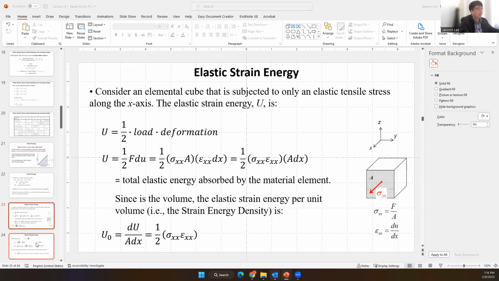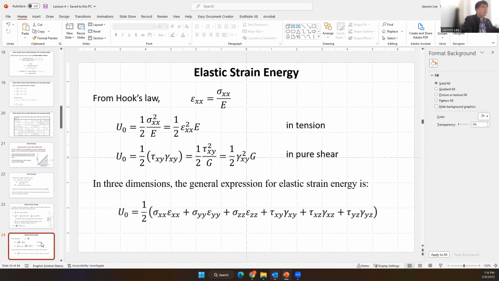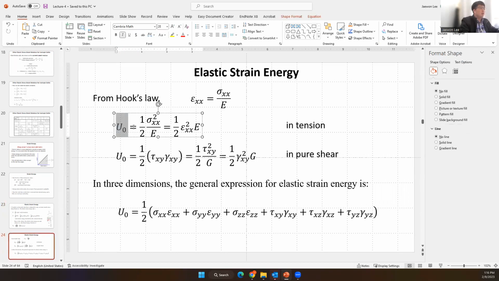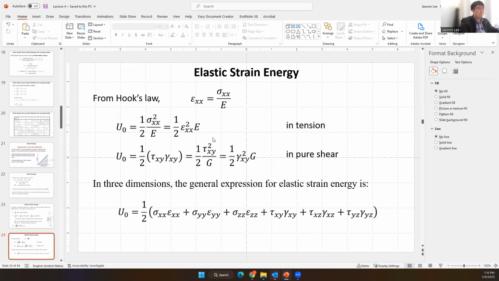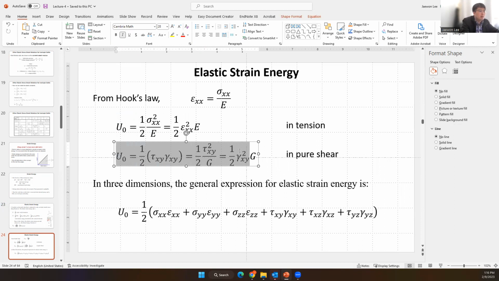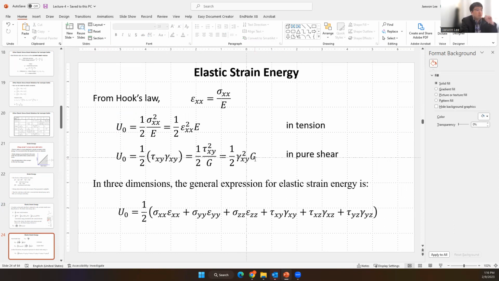Can you understand? Based on Hooke's law, if we have tension, we can derive the energy density like these relations. But if there is shear, no tension, the strain energy could be expressed by these relations. Can you understand?